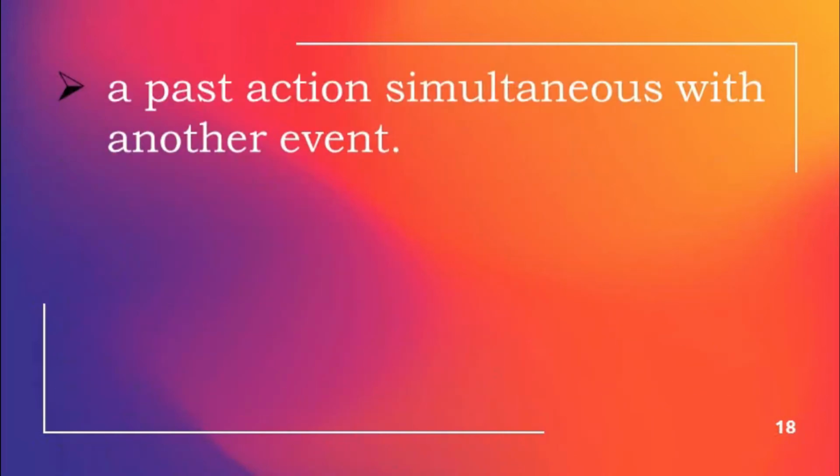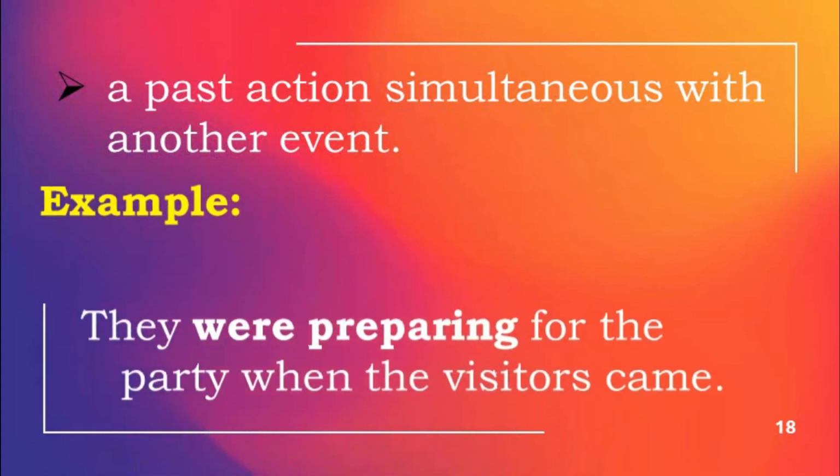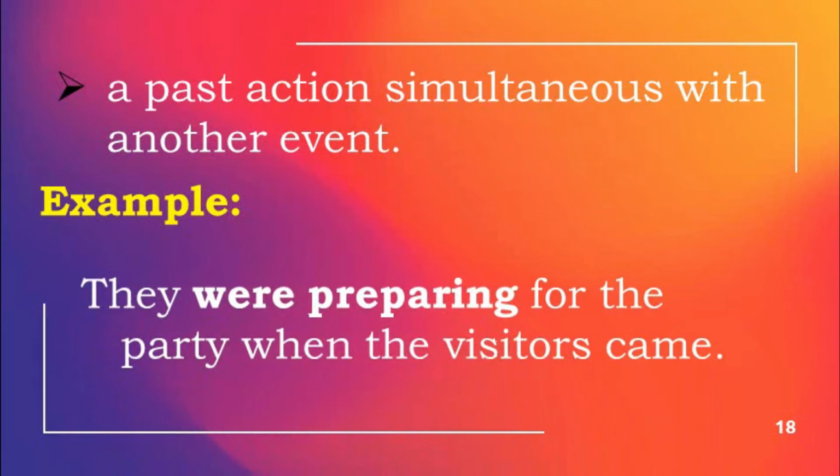The past progressive also express a past action simultaneous with another event. Example: they were preparing for the party when the visitors came. So we have plural subject. That's why we use the verbs were plus the ing form of the verb prepare.